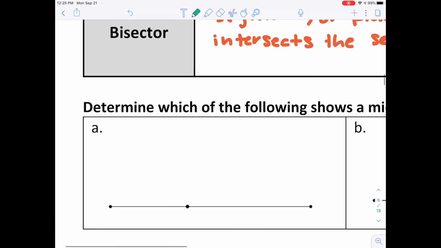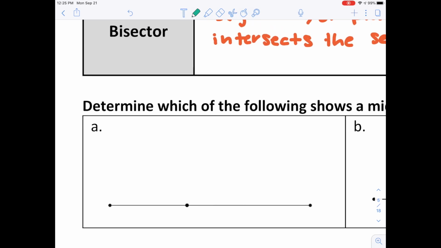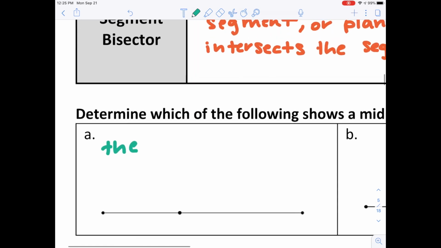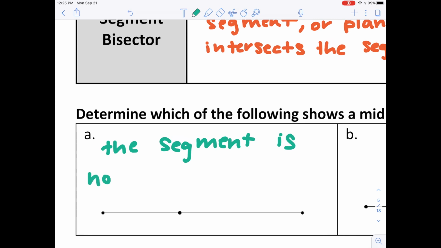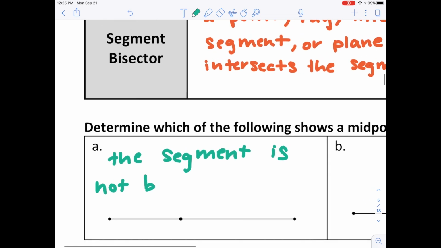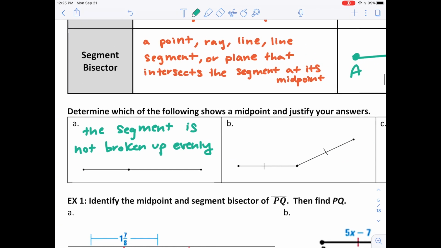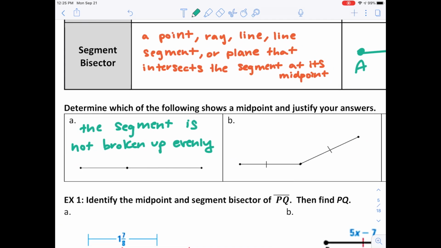So this is not going to have a midpoint because the segment is not broken up evenly. Typically, I'd say don't trust the picture, but on these ones, you have to look at the picture and trust it.